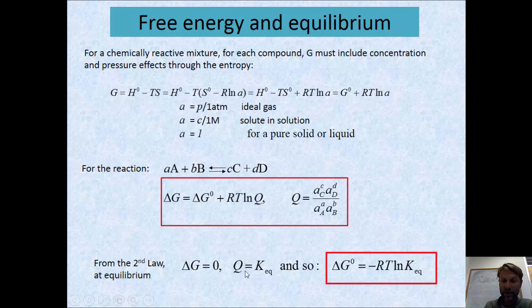And so Q equals the equilibrium constant, because the equilibrium constant is expressed in a very similar way to Q. And so this equation reduces down to the free energy under standard conditions equals minus the gas constant times the temperature in Kelvin times the natural log of the equilibrium constant.